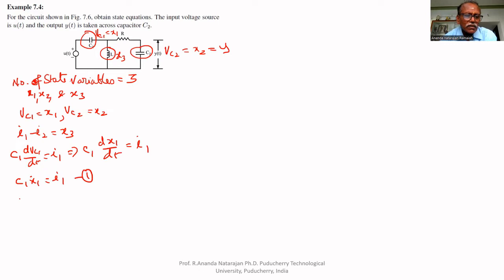Similarly, we can write C2 dVC2 by dt, the voltage across the capacitor, equal to I2. That implies C2 dx2 by dt equal to I2, or C2 x2 dot equal to I2. That is the second equation.